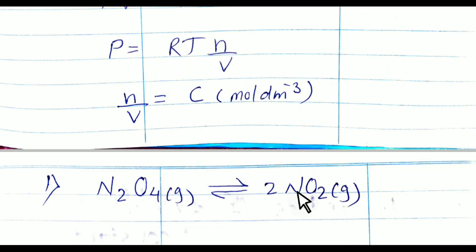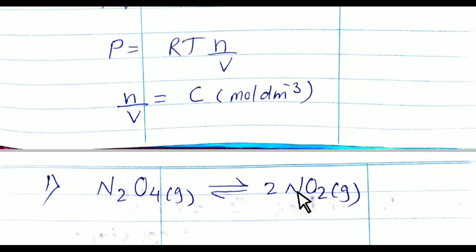We are taking an equilibrium mixture of N2O4 and NO2 in a flask at a particular temperature. Now we are changing the pressure of the gaseous equilibrium.